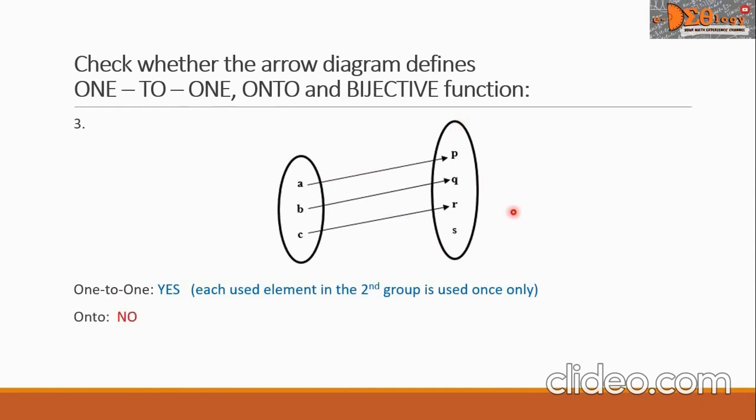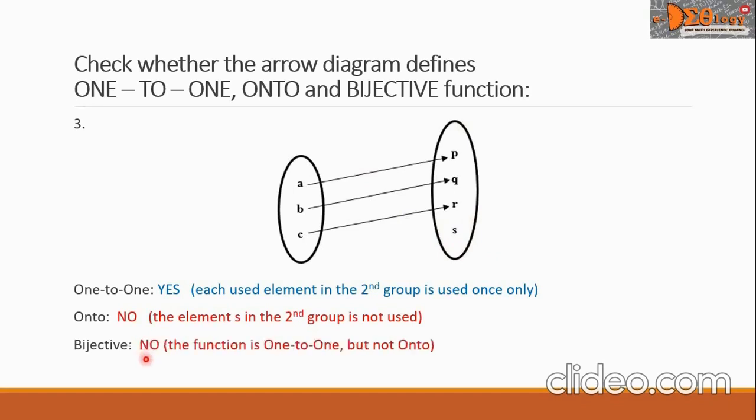The answer is no, because there is an element S in the second group that is not used. Third question, is the function bijective? The answer is no, because the function is one-to-one but not onto. This is our final answer.